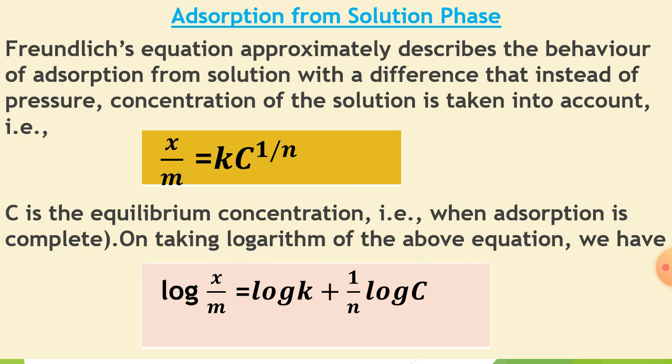Here again, x is the mass of adsorbate, m is the mass of adsorbent, K and n are constants at a particular temperature, and C is the equilibrium concentration.